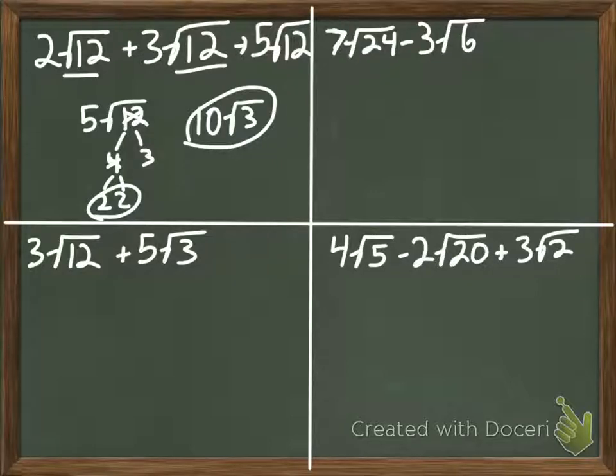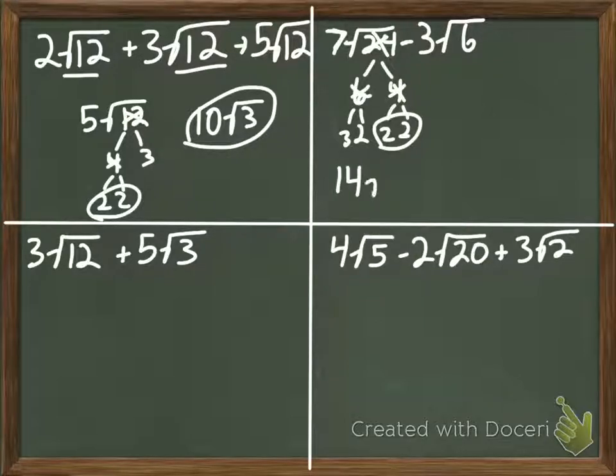So 24 breaks down into 6 and 4, 2 and 2, 3 and 2. We got a pair of 2's. So it looks like this simplifies into 14 square root of 6.